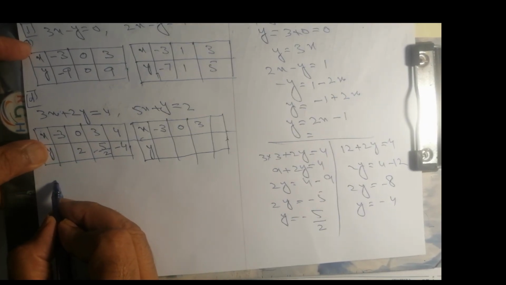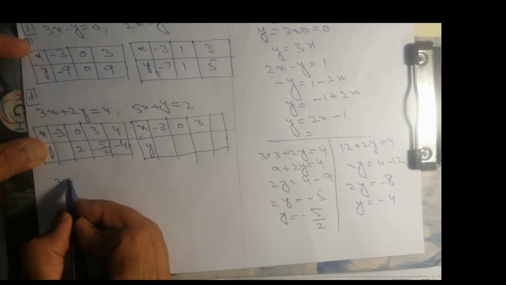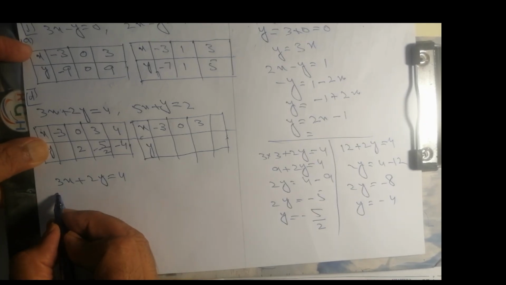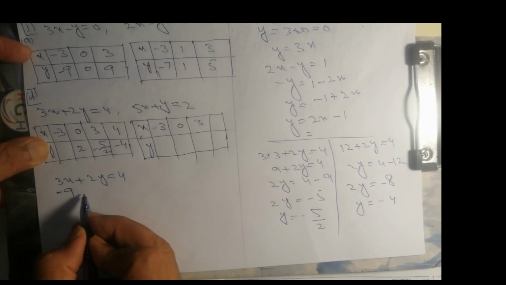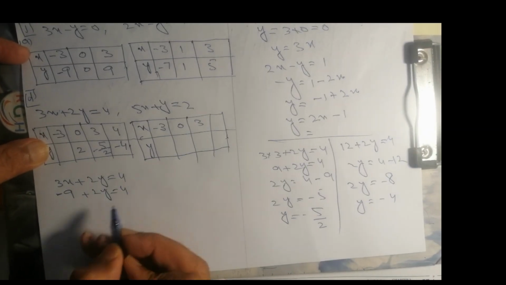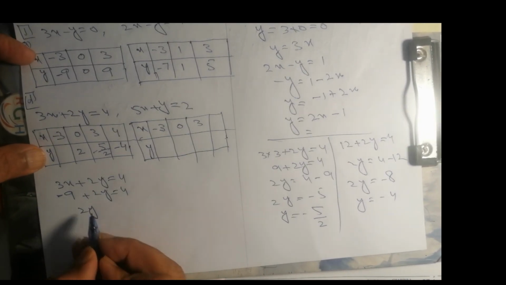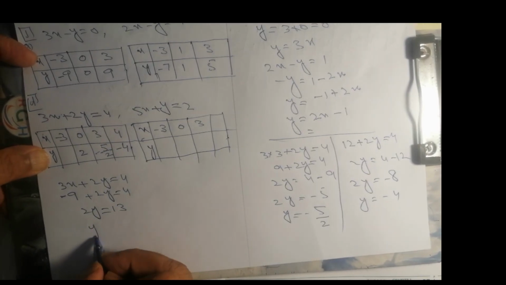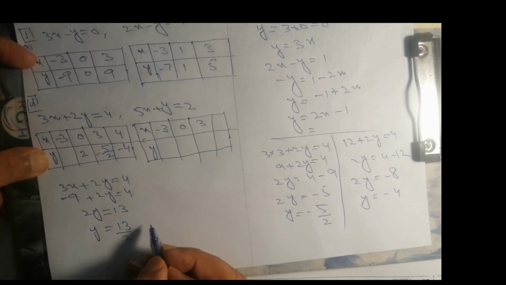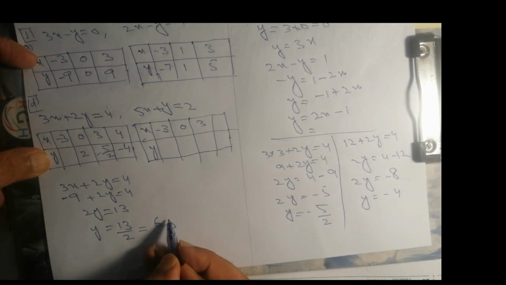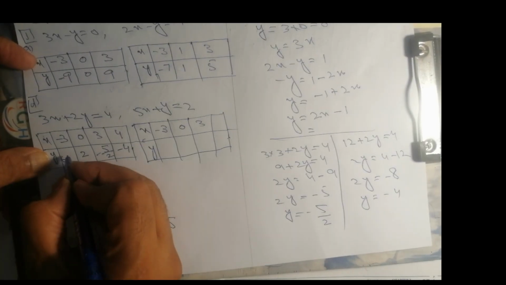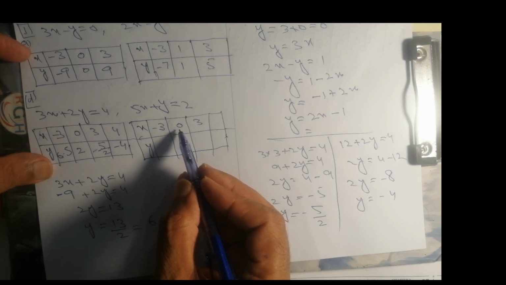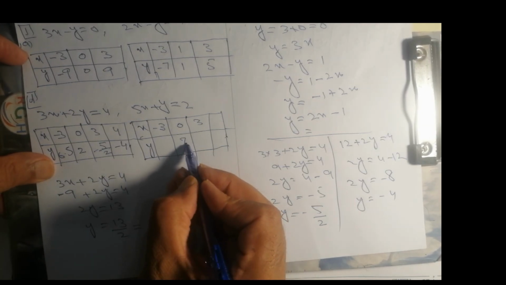That means 3x plus 2y equals 4: 3 into -3 is -9, plus 2y equals 4, 2y equals 4 plus 9, 13, and y equals 13 by 2, which is 6.5. So this is 6.5, and for this equation put x equal to 0, y will be 2.